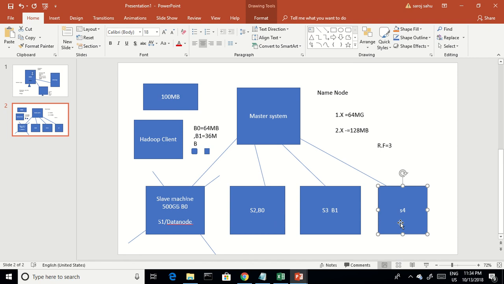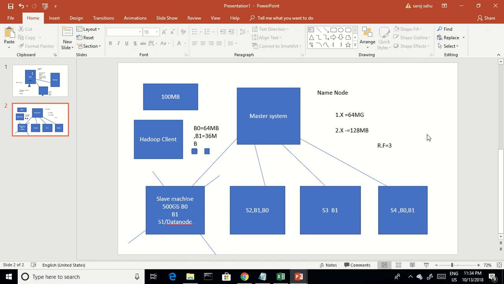So here probably block 0. Like the same with B1: here is B1, then the second copy of B1 will be stored here, and probably another B1 here.